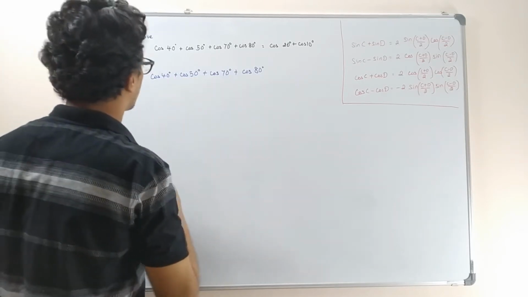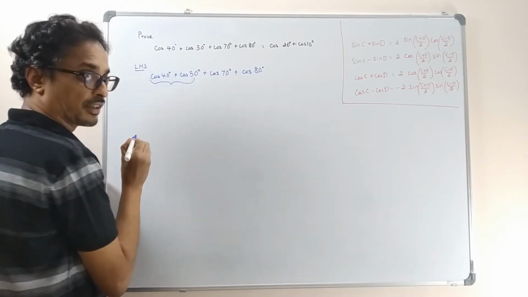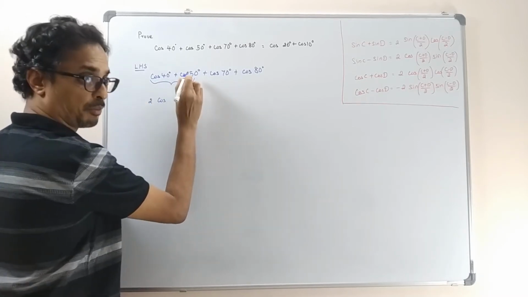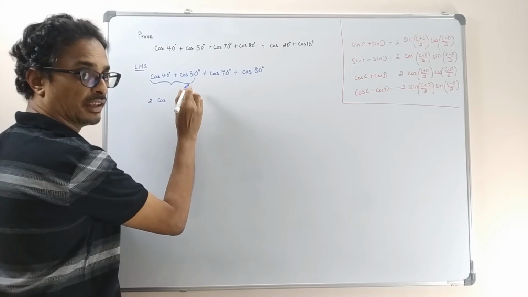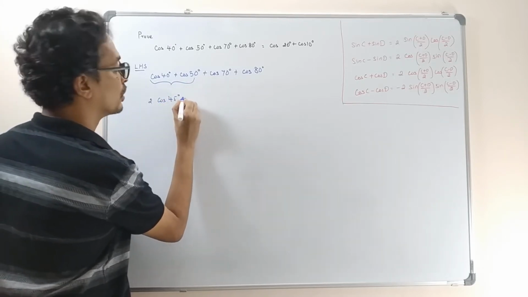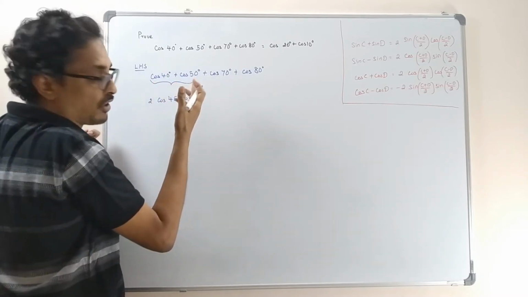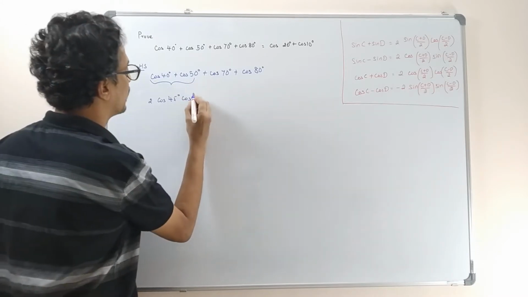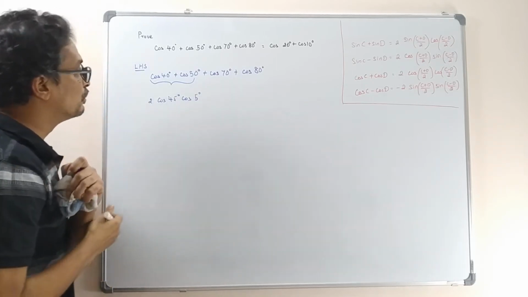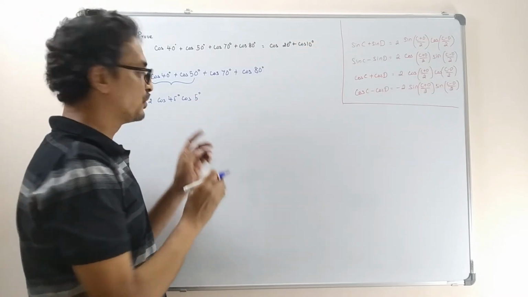Combining these two using the factorization formula, we get 2 times cos 45 into cos of 40 minus 50, that is minus 10. Cos of minus 10 is cos 10 only, so 10 divided by 2, that's 5 degree. There is no way to convert this 5 degree in terms of 10 degree, so it's going to be complicated.